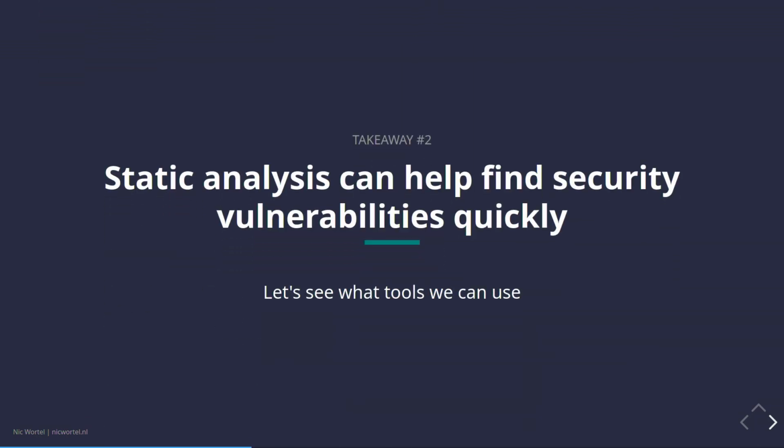That makes static analysis a useful tool that can help us find security vulnerabilities consistently and quickly. So let's see some examples of tools which I use personally when I, for example, audit projects of clients.